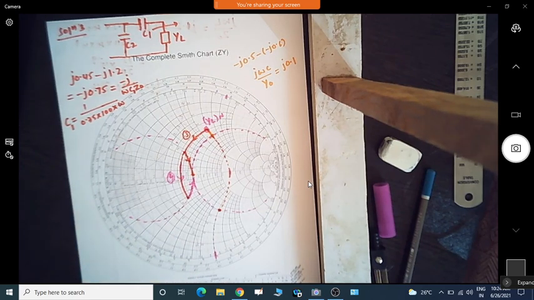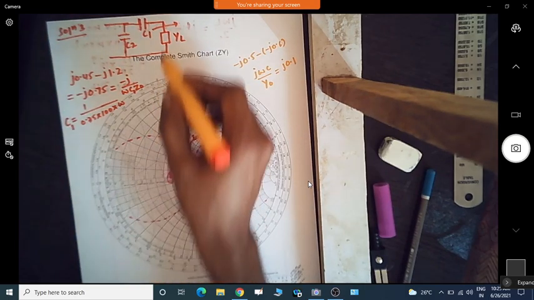In terms of picofarad, what is the value of C1?